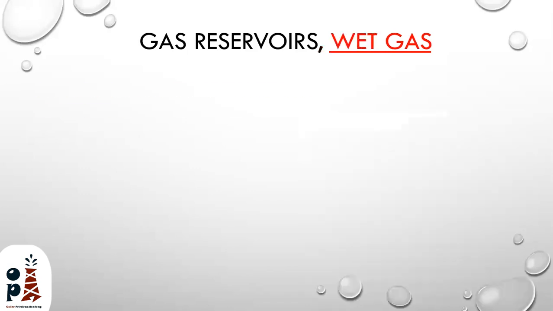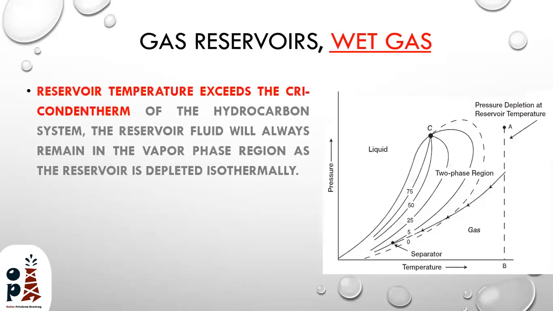For wet gas, the difference between wet gas and dry gas is that the wet gas remains in the gaseous state at the reservoir pressure and temperature, and also when the reservoir pressure declines, it will remain in the gaseous state. But when this gas comes to the surface, some oil precipitates from the gaseous state and forms a liquid at the separator conditions.